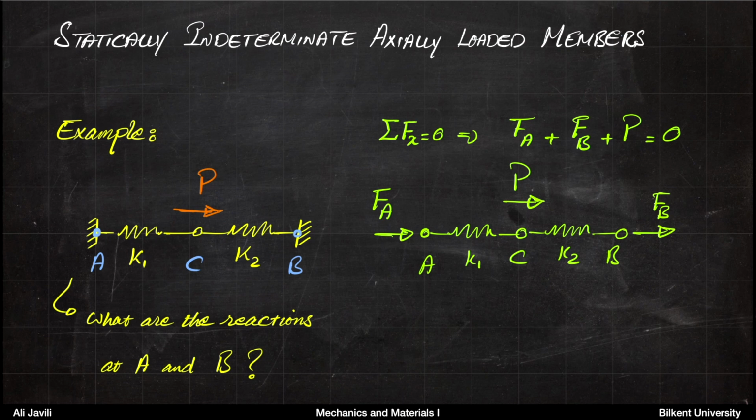Before solving this system, I want to talk about it a little more from an intuitive perspective. So we don't know what FA and FB are, but you can imagine, for instance, if K1 and K2 are equal constants, then the two forces at A and B should also be equal.